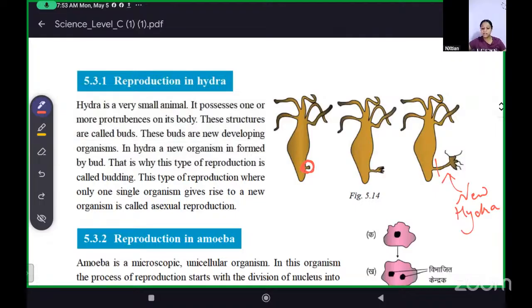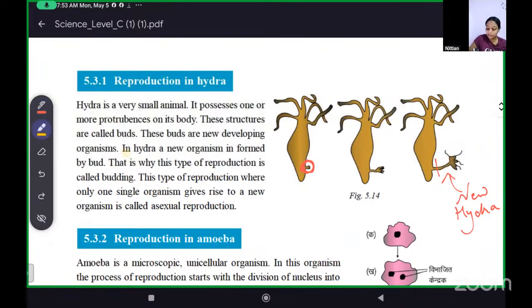Hydra is a very small animal. It possesses one or more protuberances in its body. These structures are called buds. These buds are new developing organisms. In a hydra, a new organism is formed by a bud. This type of reproduction is called budding.